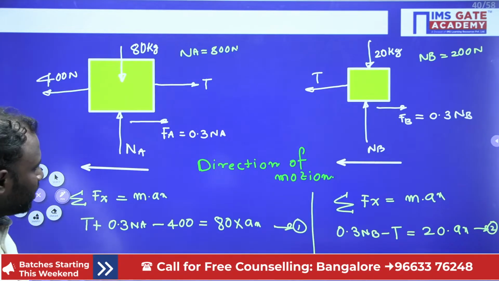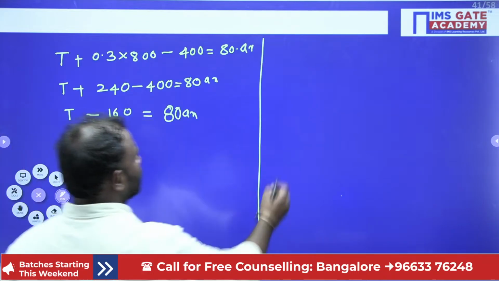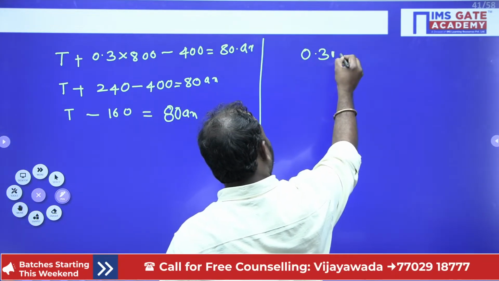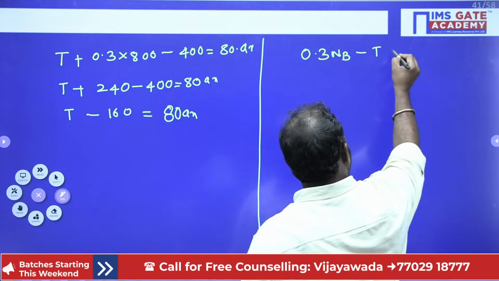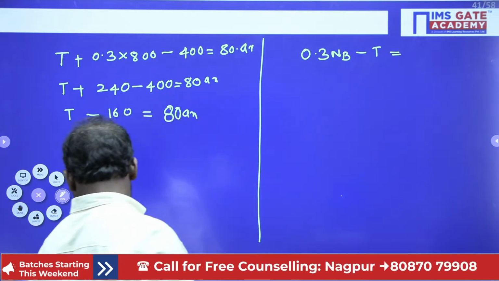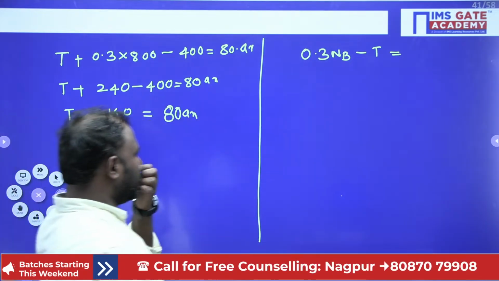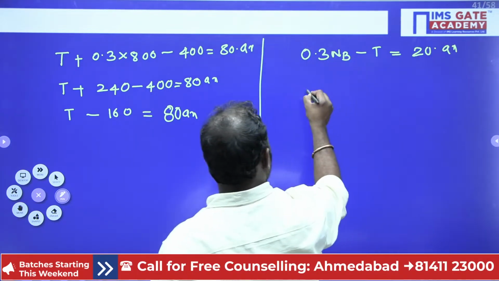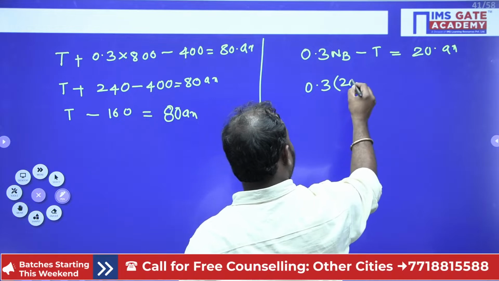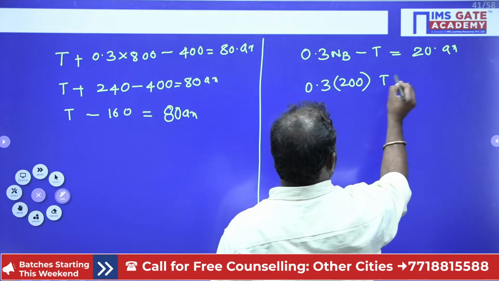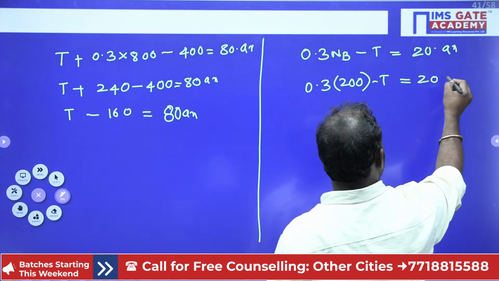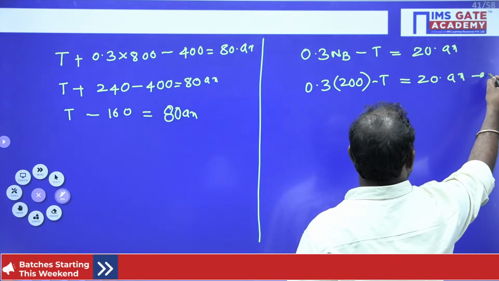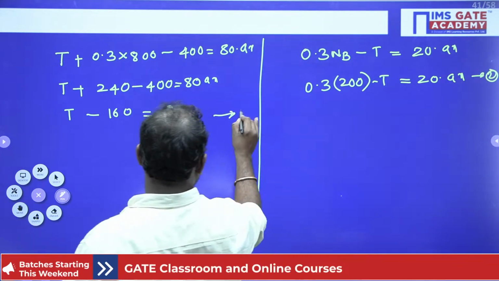Similarly, what is the next equation? Second equation: 0.3 nb minus t is equal to 20 into ax, right. So now 0.3 into 200 minus t is equal to 20 ax. All right, say it is equation number 2, and I just simplified both equations.